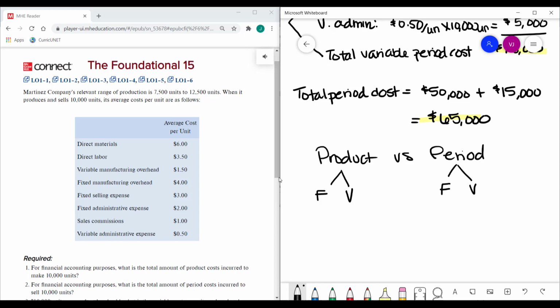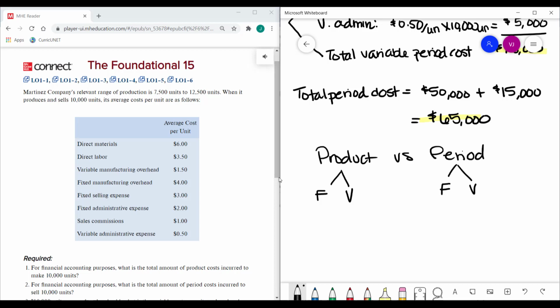So product and period costs can both be variable, fixed, and or mixed. There are different distinctions even within cost type. We can talk about fixed and variable cost overall, but also fixed and variable costs within a category like product and period costs.